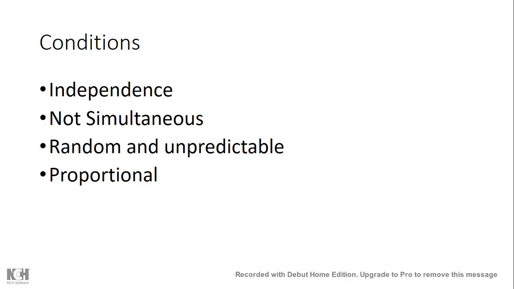Okay, if the customers are arriving at regular times for some reason, then it wouldn't be applicable. And it needs to be proportional. So the number of occurrences needs to be proportional to the length of time or the volume that you're measuring, or the length.